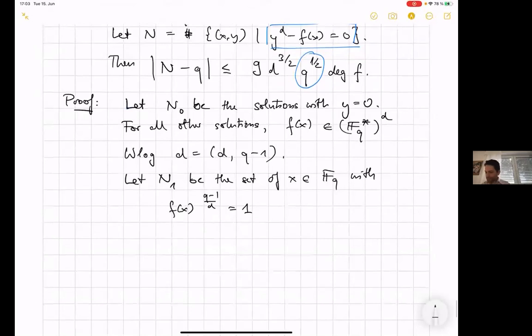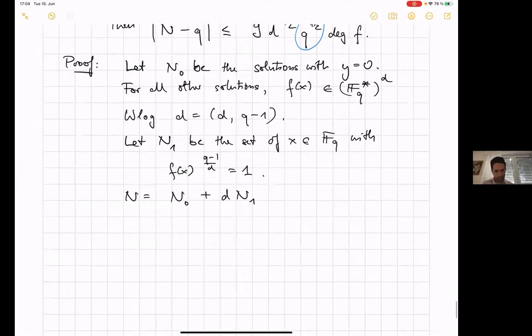And in this case, f of x is a dth power. So these are just the dth powers. And so in this case, I get d solutions for y, and this means that n is n0 plus d times n1. Okay, so far so good.